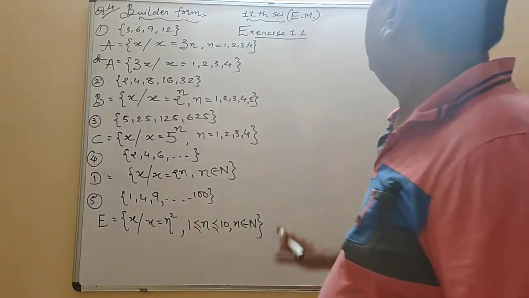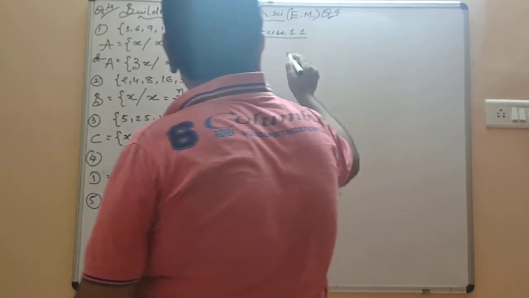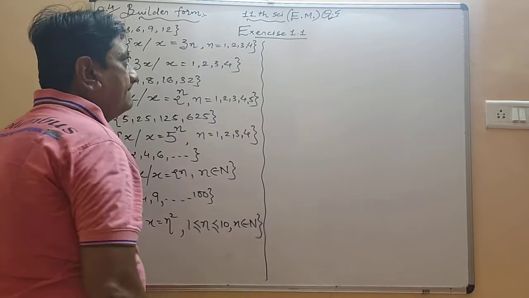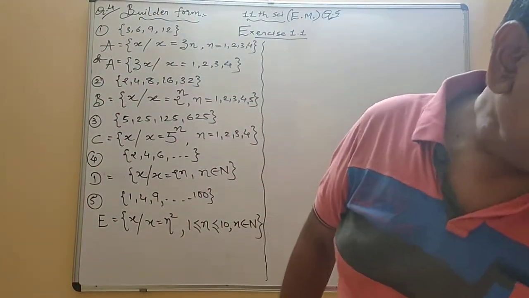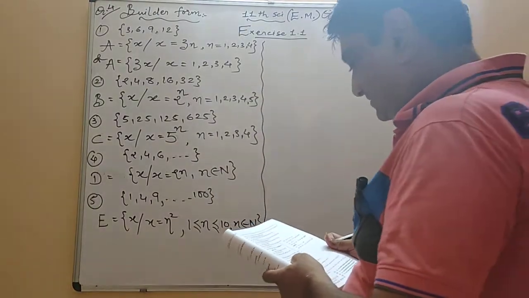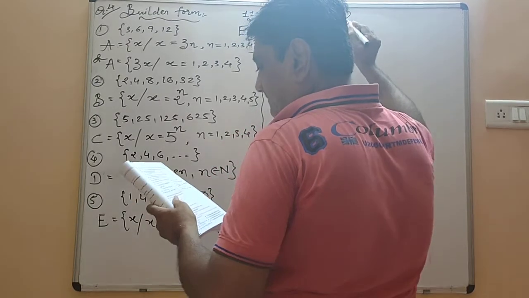Now question number 5. List all the elements of the following set. Reverse. See, equation number 1.